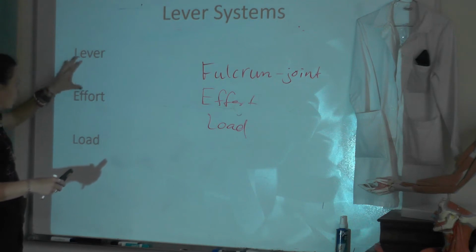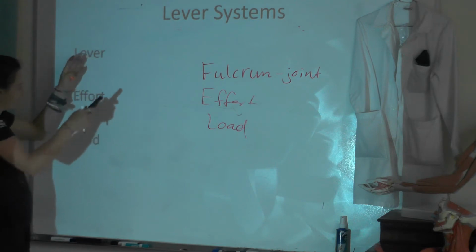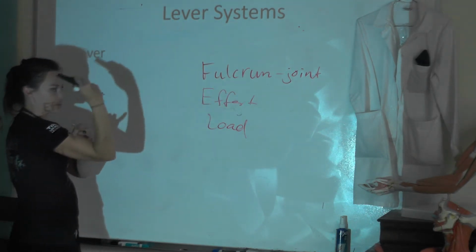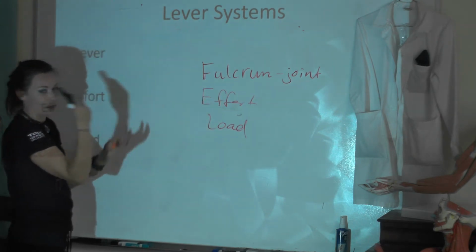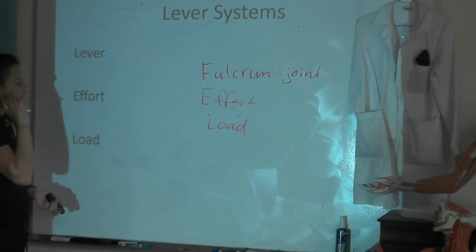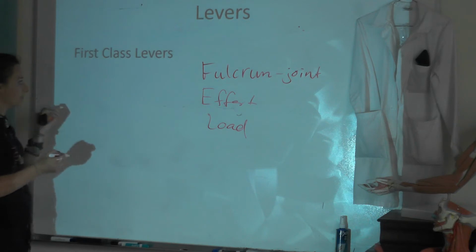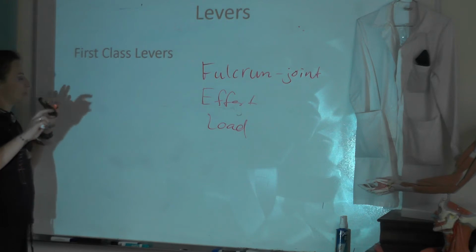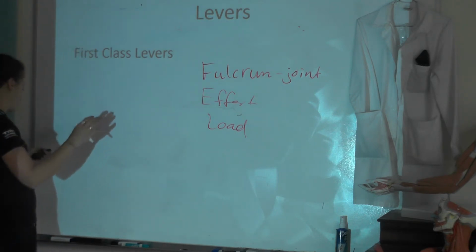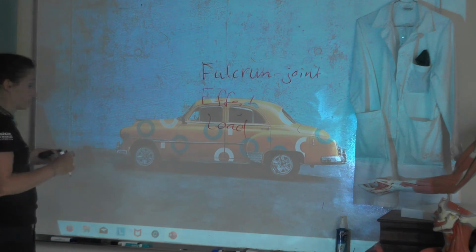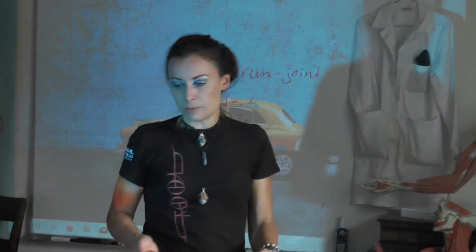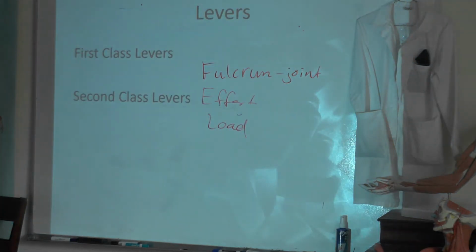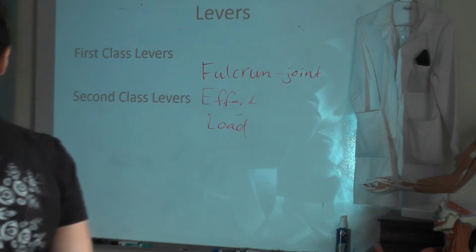So in our body, our muscles and our bones working together give us this relationship of a joint pivoting around some fulcrum. And I tell you that because we've got 3 classes of levers, and the way I wrap my head around first class, second class, and third class levers is by looking at the relationship of the fulcrum, effort, and load to each other in each lever system.